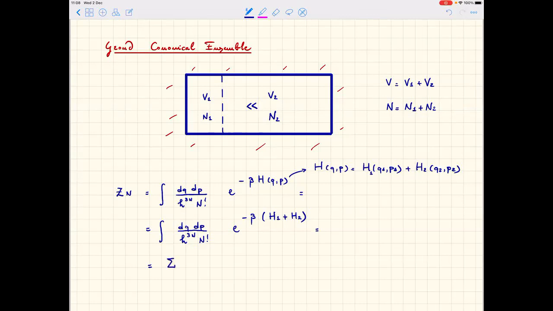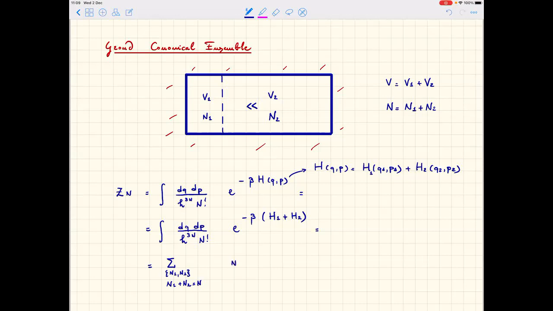This is the sum over all possible configurations N1 and N2 such that N1 plus N2 is equal to N. Then here we have to put a factor that describes the number of ways we have to take N particles and divide them into two subsets, N1 and N2.